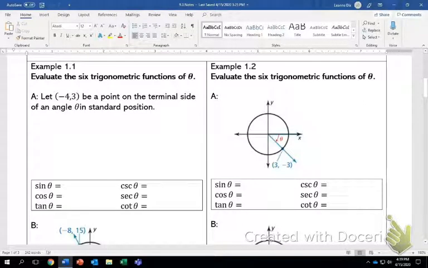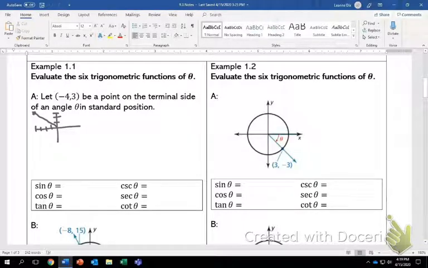So in part A, it says let -4, 3 be a point on the terminal side of an angle theta in standard position. So all I'm doing is I'm drawing my coordinate plane, and I'm going to put -4 and 3 as a point there, and I can draw a line connecting my point and my origin, or where my theta is, because remember we're in standard form.